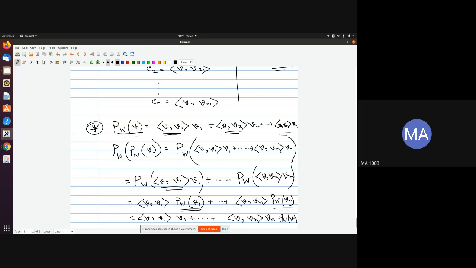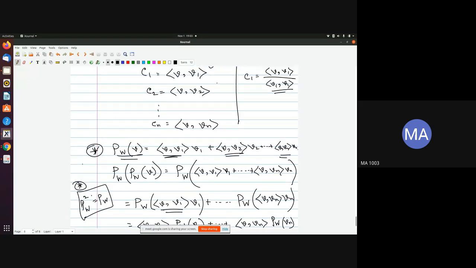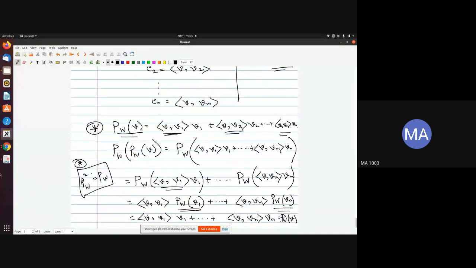So yes, indeed, P squared is the same as P. This is really important. This property will be very useful later. P squared is the same as P. Is this clear to everyone? Okay, fine.